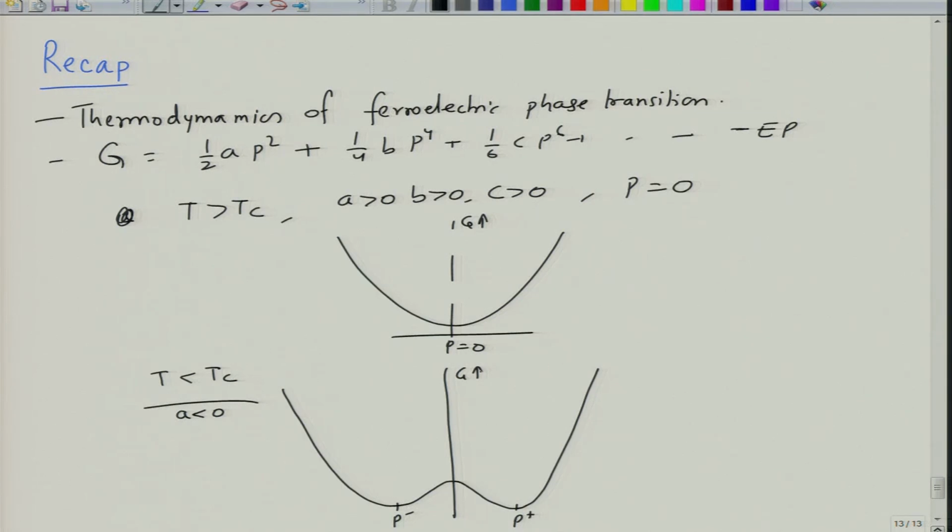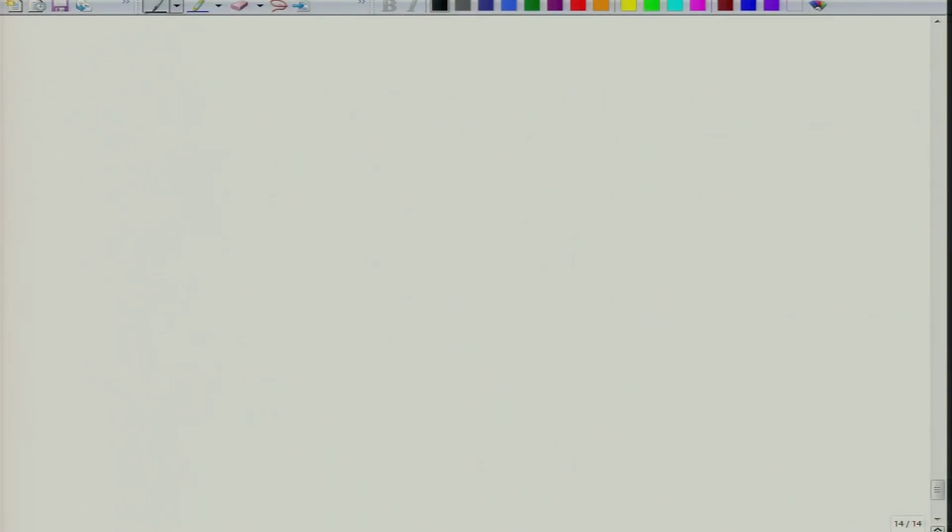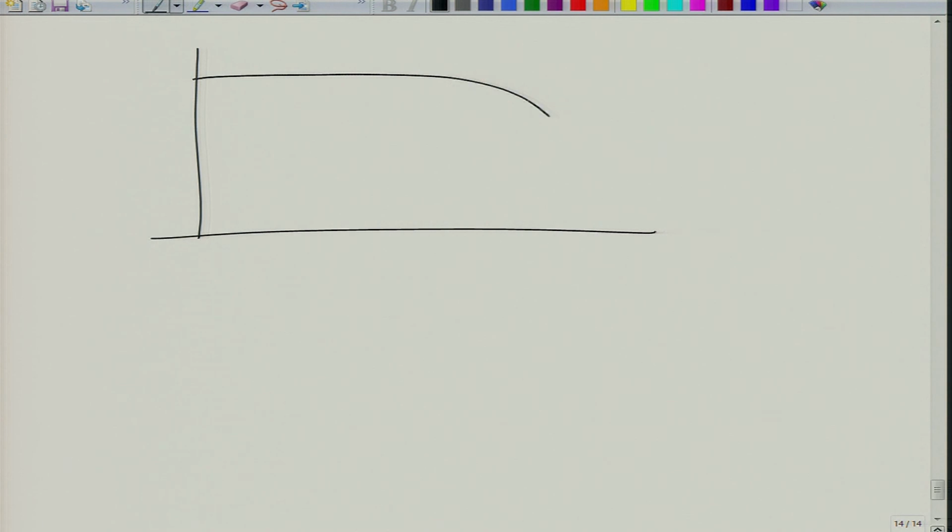Okay. And in between there is a transition, at T equal to Tc, A becomes equal to 0. And this we termed as second order transition, in which the polarization gradually drops to zero at Tc, and the susceptibility, if you write 1 over chi, then it decreases to Tc before rising further below Tc.